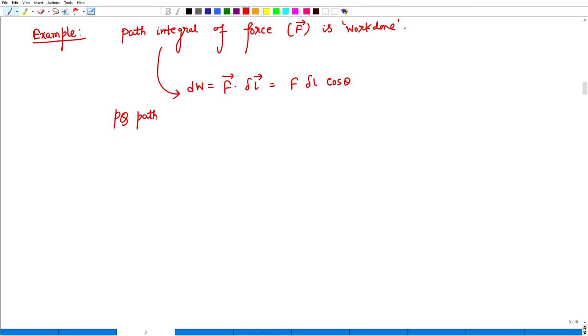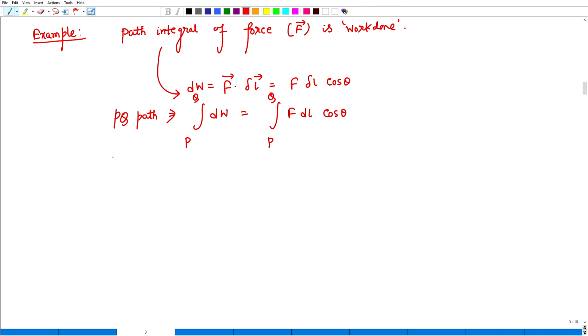Okay. This is displacement, force. Right. Now this is for a very small segment, dl segment. For the PQ path, integration of dW is equal to integration from P to Q, obviously from P to Q, of F dl cos theta.